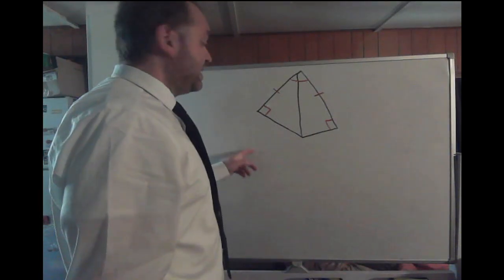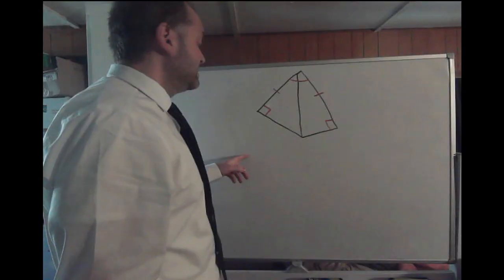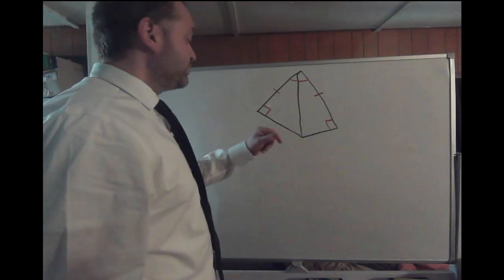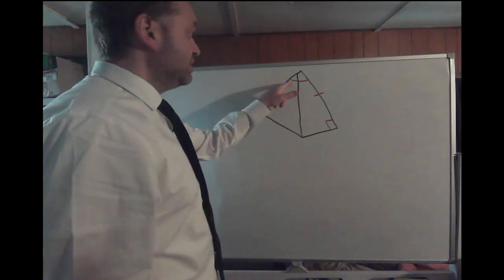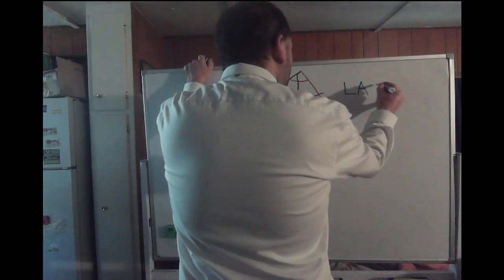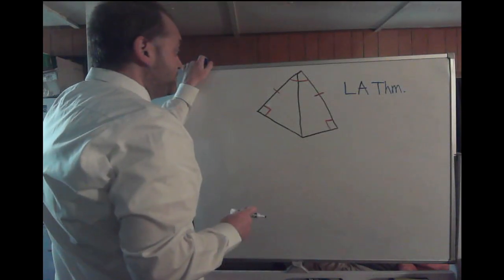I could tell you right now these 2 triangles are congruent, and there's a couple ways to prove it. We notice they're both right triangles. We have each a leg and an acute angle congruent. So for sure we have the leg acute angle theorem we can prove that they're congruent by. What else?